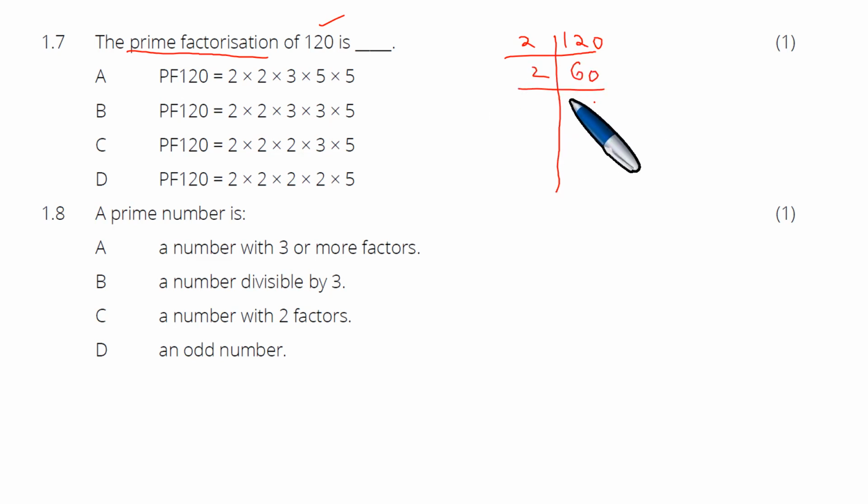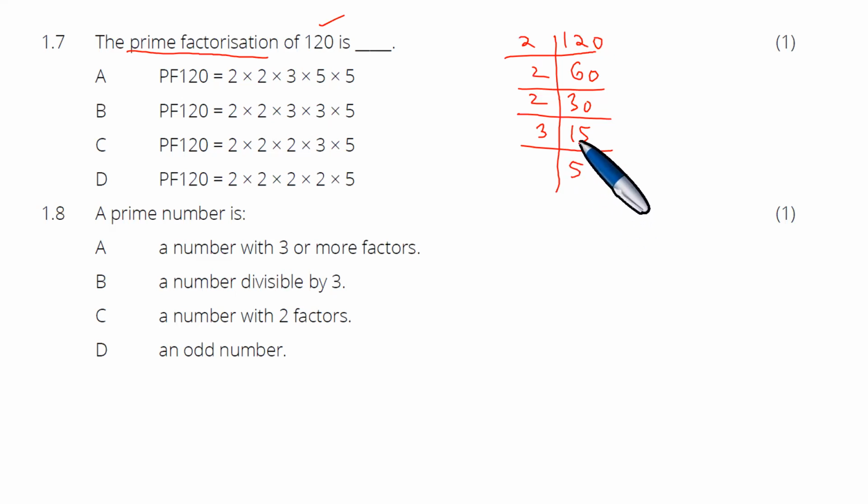Then we divide 60 by 2, we get 30. We divide 30 by 2, we get 15. We divide by the smallest number that divides 15, which is 3, giving us 5.